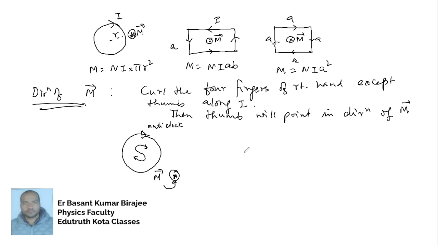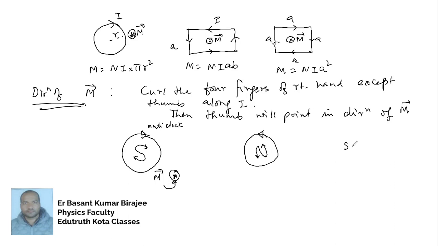So this is also one representation for the north pole. You can draw it a little bit bent. Suppose now your current is anti-clockwise, and this means the outer part of the loop behaves as the north pole, and the other side will be the south pole.